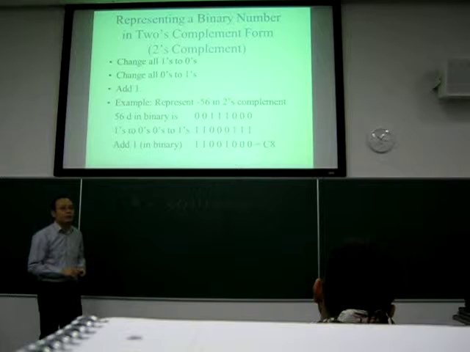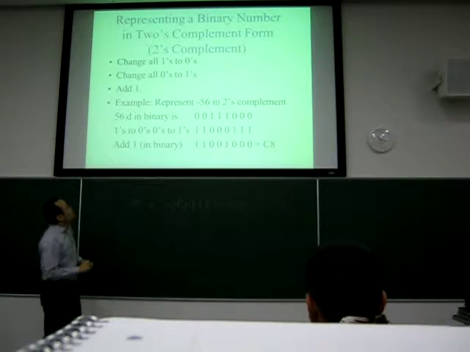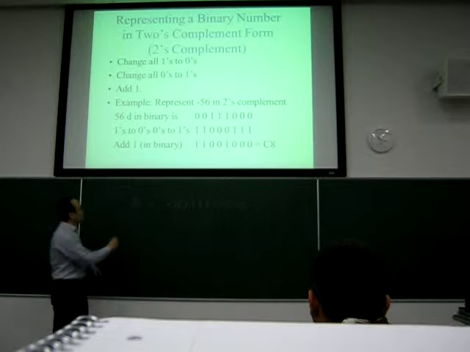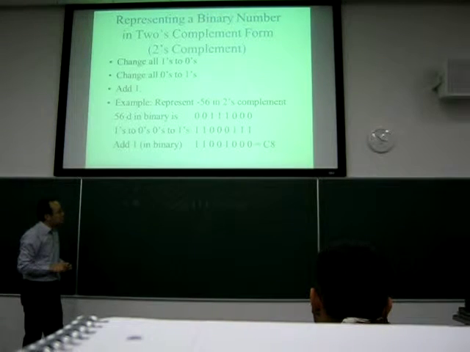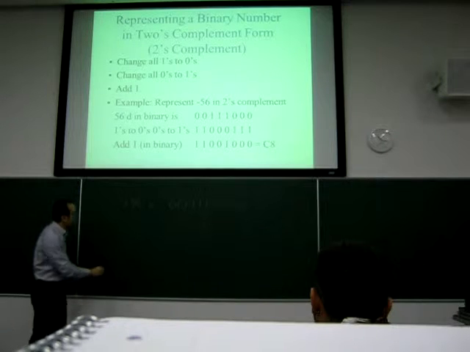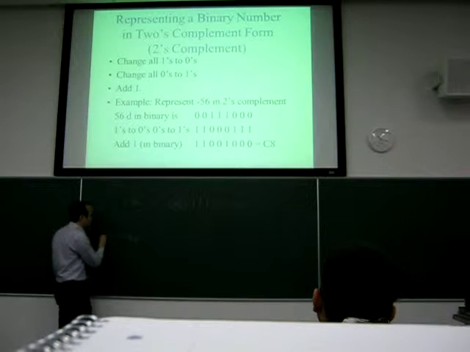Or you want me to go over that bit again as well? Okay, everyone understands how to convert 56 to binary? Yeah? Okay. So at the moment it is positive 56. I want to convert that to minus 56, which is 2's complement.